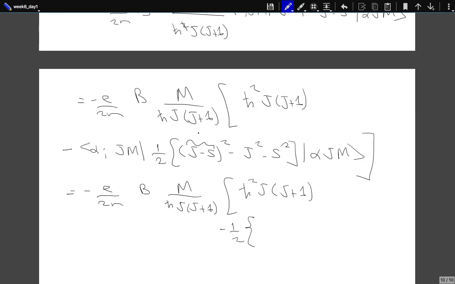Now j minus s is nothing but L, so that is actually the L squared operator. These kets are eigenkets of L squared, of j squared, and also of s squared, so I can just put in the eigenvalues: h bar squared L plus 1, minus h bar squared j plus 1, minus h bar squared s plus 1.